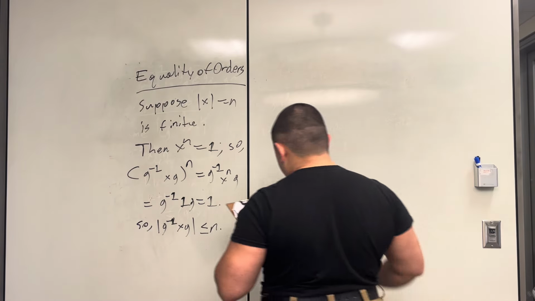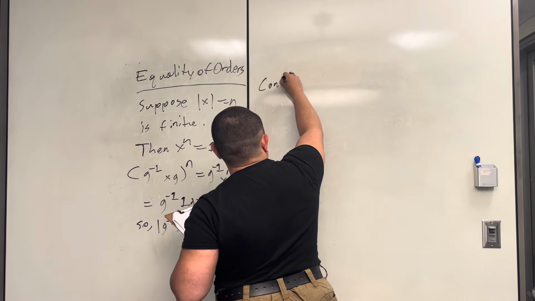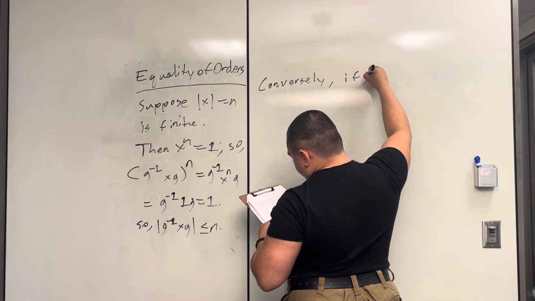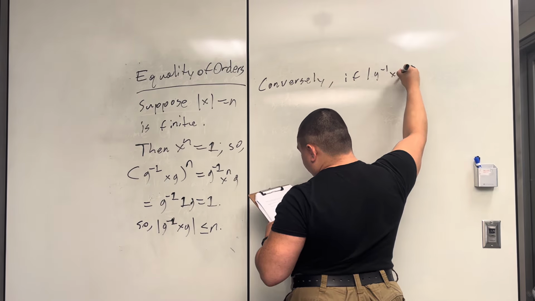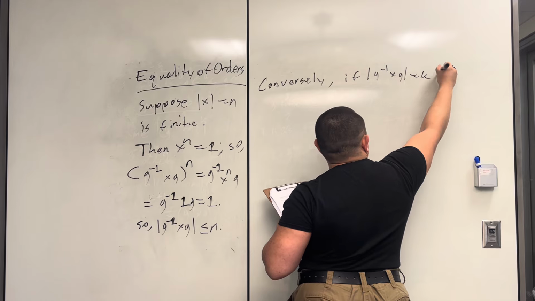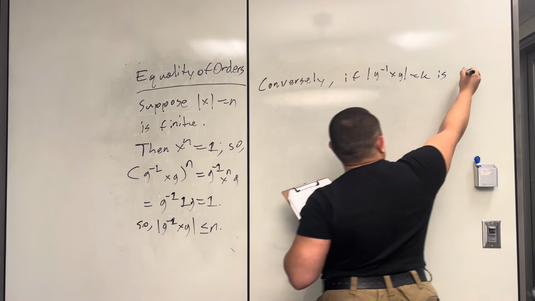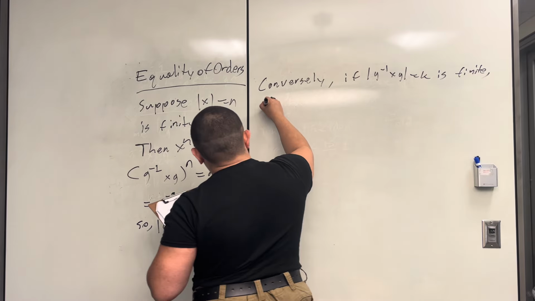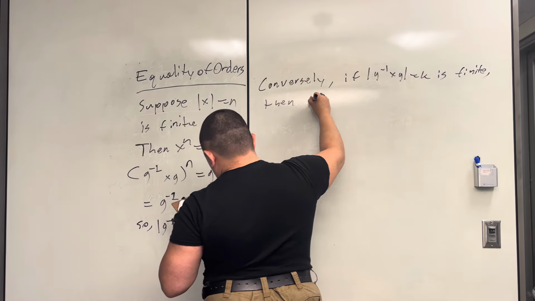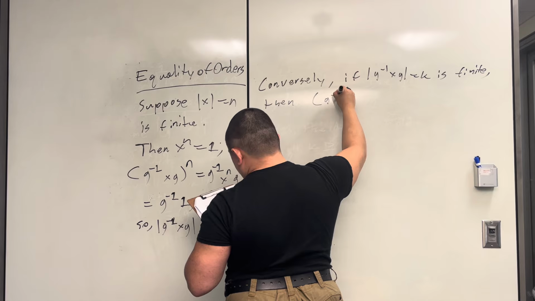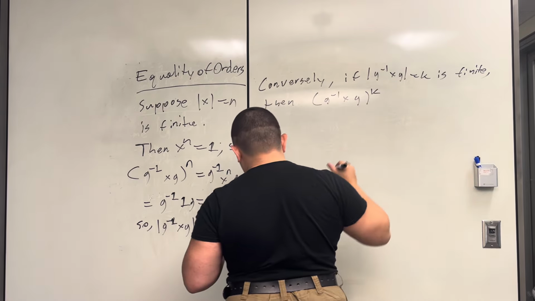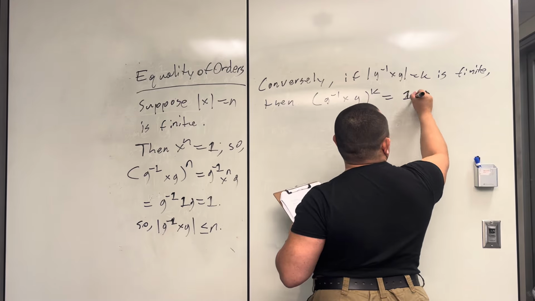And so, conversely, if the order of g^(-1) x g is equal to k, which is finite, then (g^(-1) x g)^k is equal to 1.